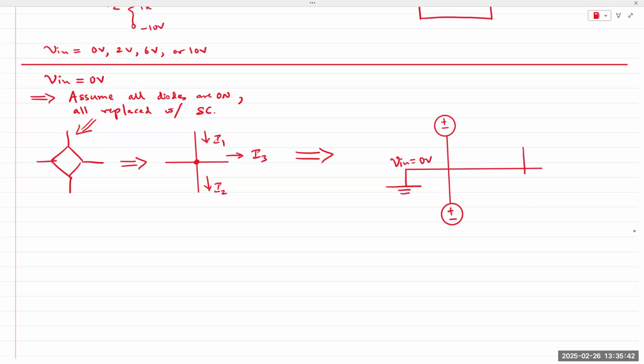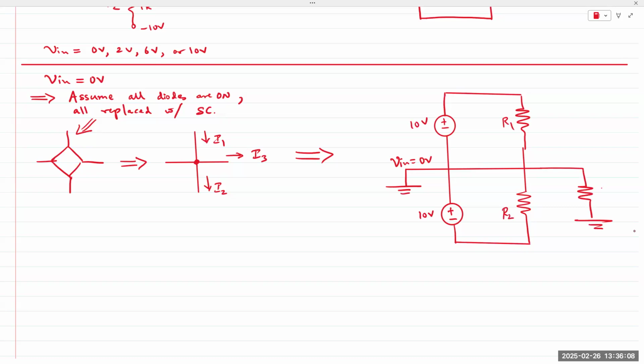And then I have 10 volts, 10 volts, R1, R2, and R3. That's how my circuit would look for V in equal to 0 volts and my assumption that all diodes are on.